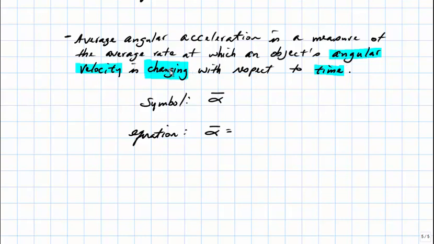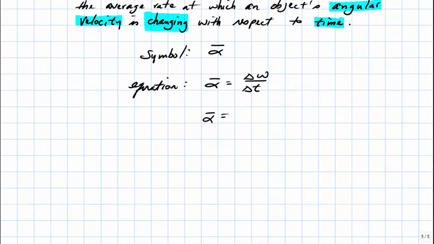Now we just noted that angular velocity is represented by the Greek letter omega. So the change will be represented by delta omega with respect to time. Now if we expand delta omega into omega final minus omega initial, we have then the other form for average angular acceleration, which looks like this.